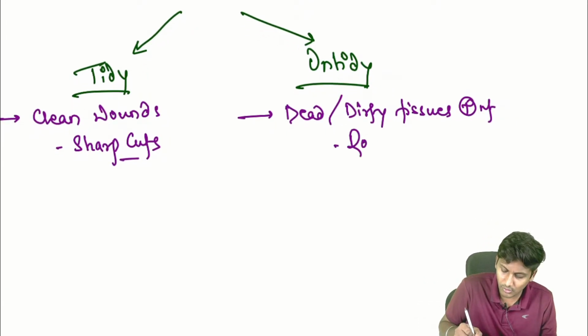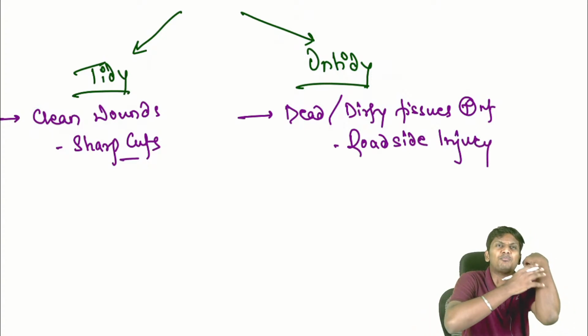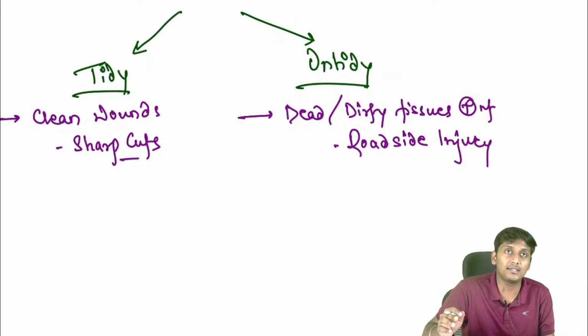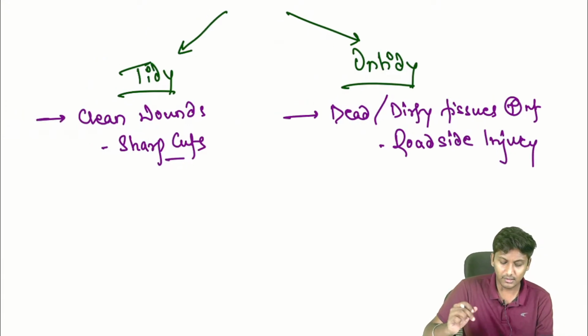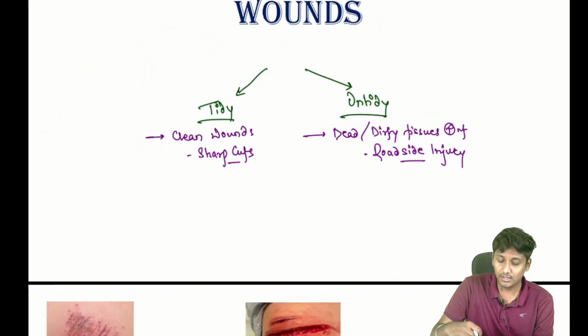Example of this will be the roadside injury wounds. Okay. So patient met with a road traffic accident, and the wound that he is having has a lot of mud, a lot of small stones inside it, all of that will be considered as an untidy wound. So if there is a sharp cut, that is a clean wound, that is a tidy wound. And if there is a roadside injury which contains dead or dirty tissues in it, it is an untidy wound.